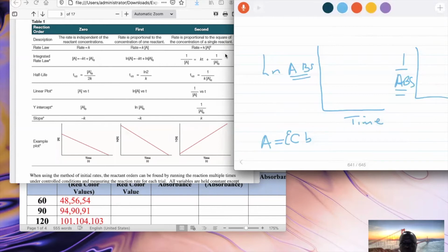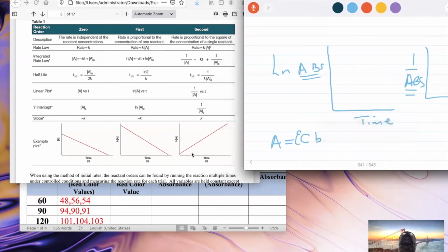So if you end up with a straight line for natural log of absorbance, and please indicate the units, with a negative slope, you know it is first order with respect to blue dye one. If you end up with a positive slope with the reciprocal of absorbance on the y-axis and time on the x-axis, your conclusion is second order with respect to blue dye one.